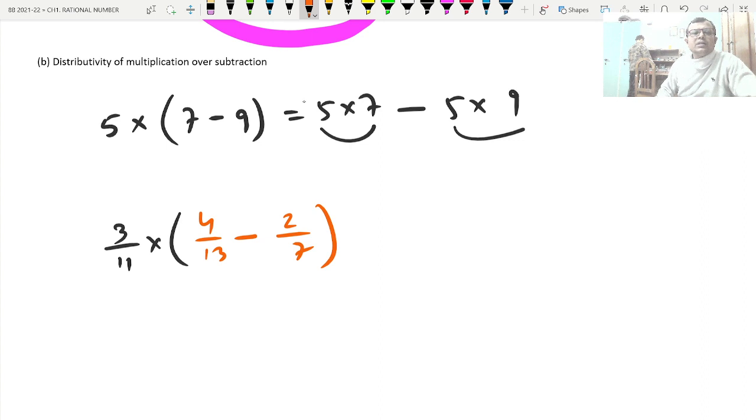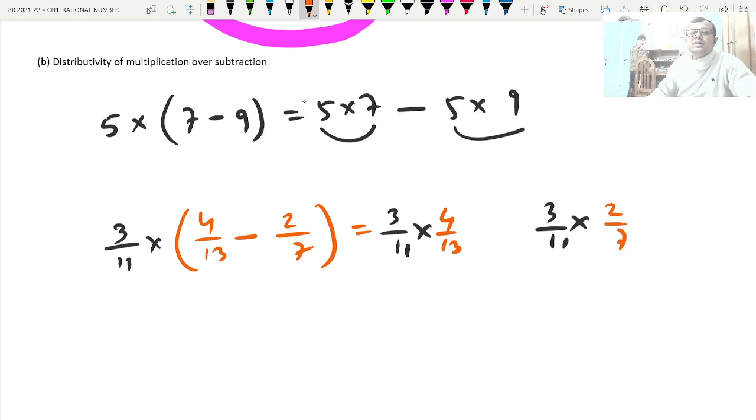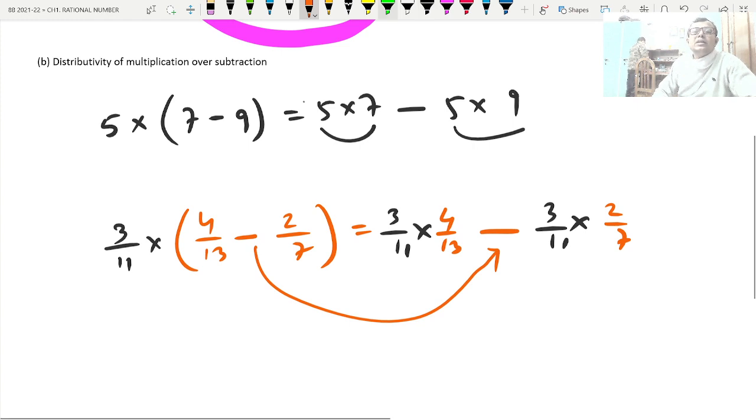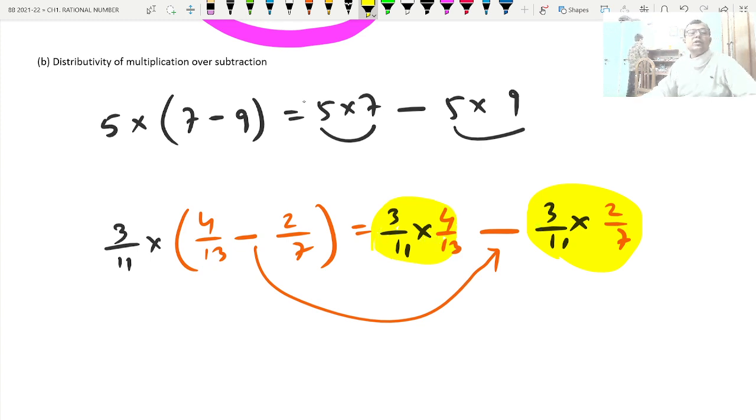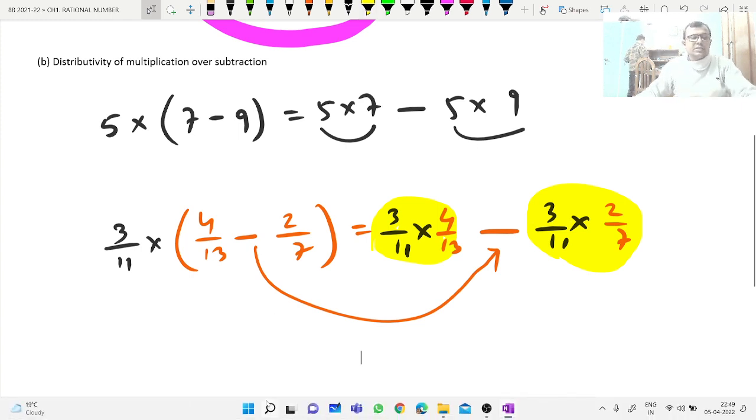Then 3 by 11 is distributed into 4 by 13 and 2 by 7, and this sign will go to this place. So this property of rational numbers is known as distributivity of multiplication over subtraction.